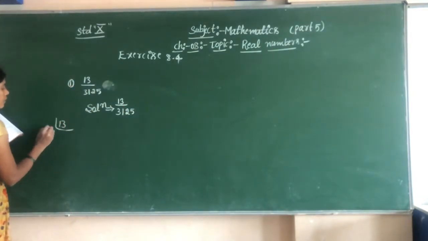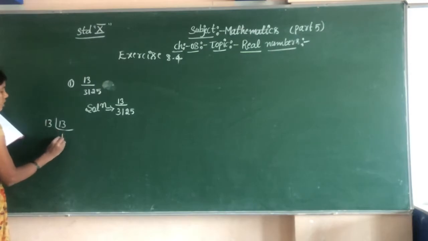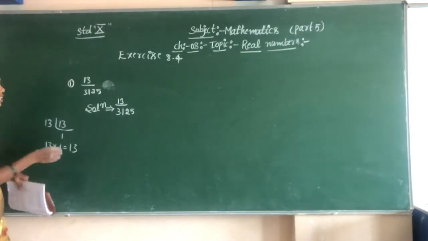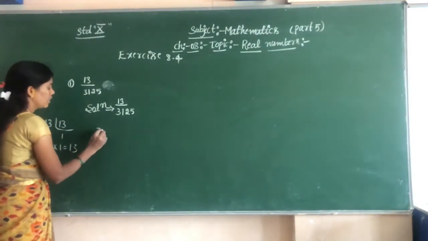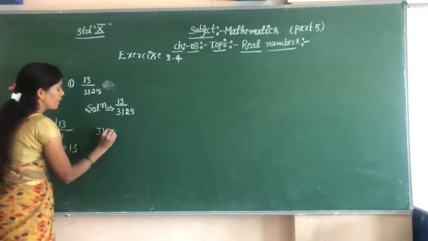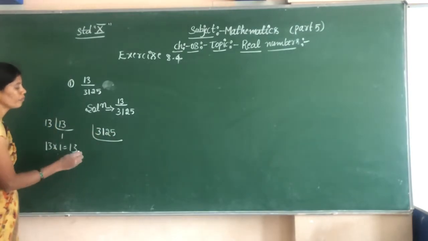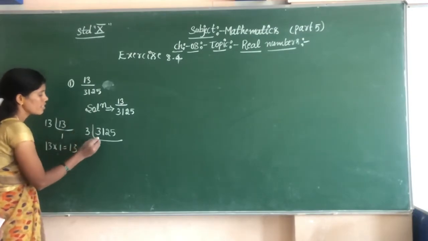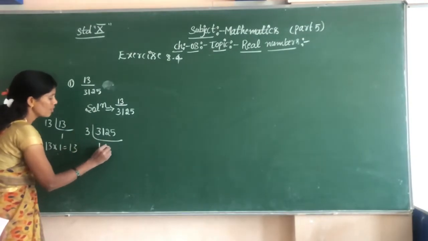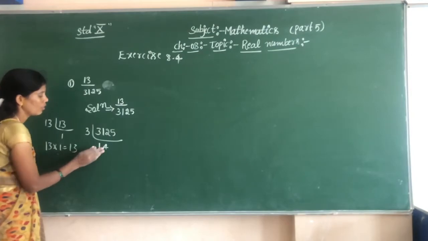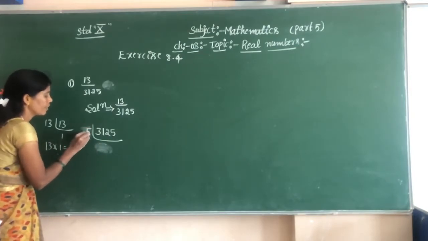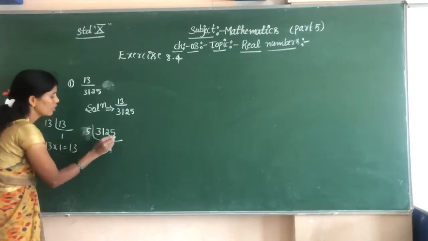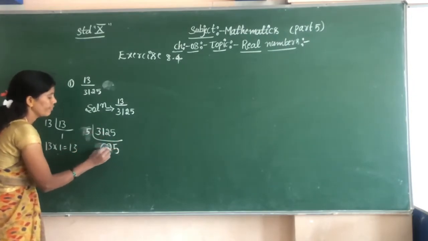13. So 13 ones are 13. This is a prime factorization. Here 3125. Okay, we take 5. 5 6s are 30, 5 625s are 3125.